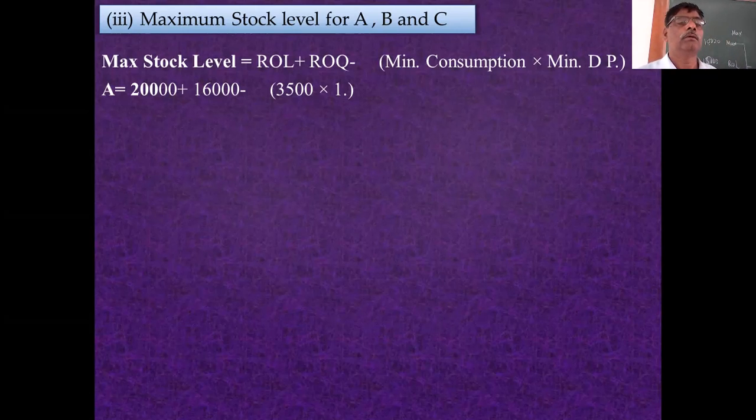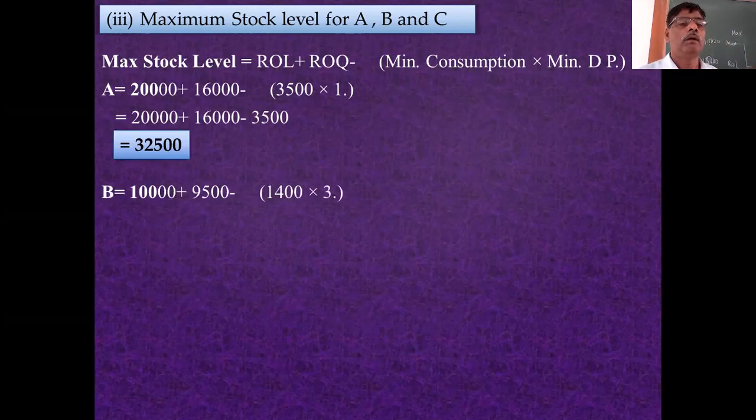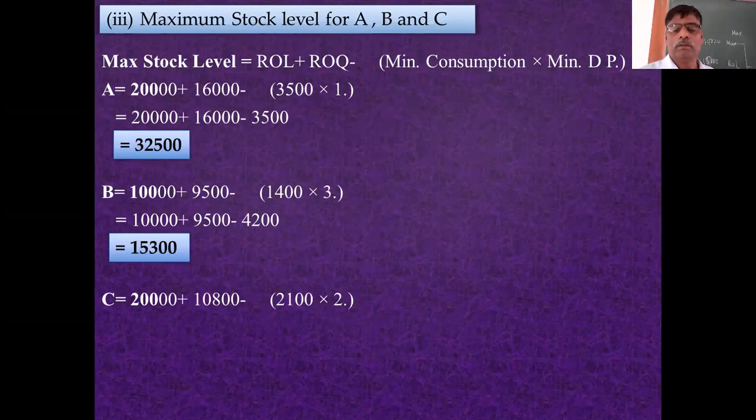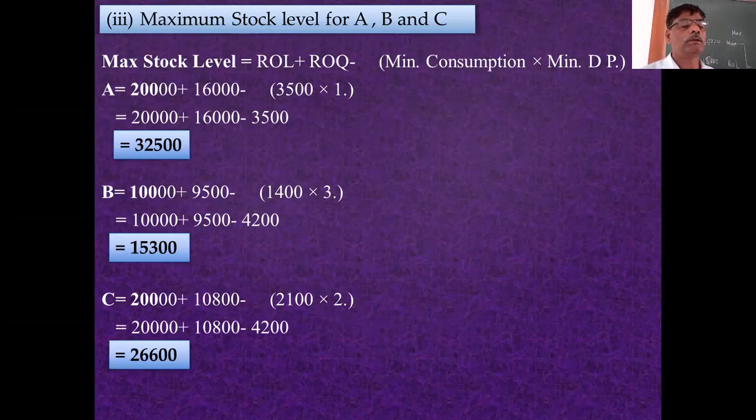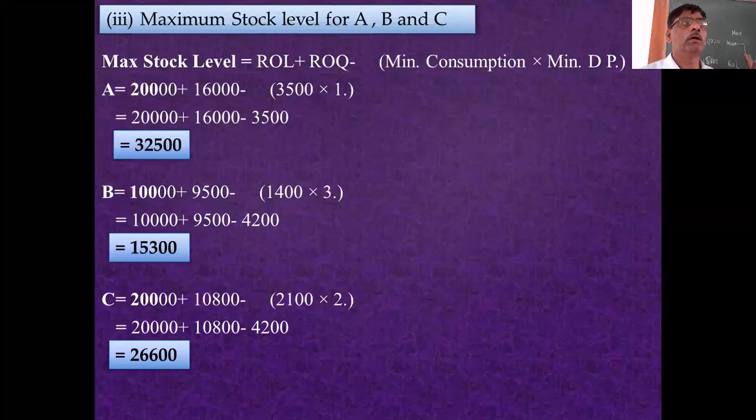Clear? A answer is 32,500. Then B is equal to 10,000 plus 9,500 minus 1,400 into 3, 15,300. Okay. Then C is equal to 20,000 as ROL, 10,800 as ROQ minus 2,100 into 6. Answer is 26,600. Okay. Clear?